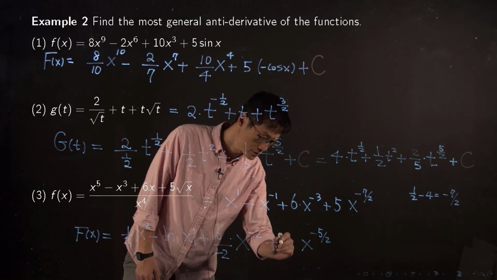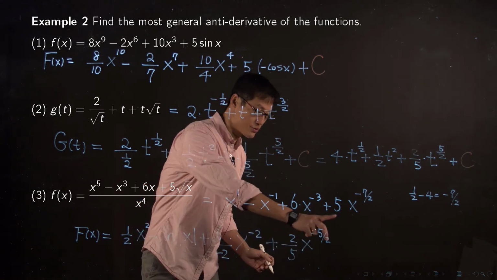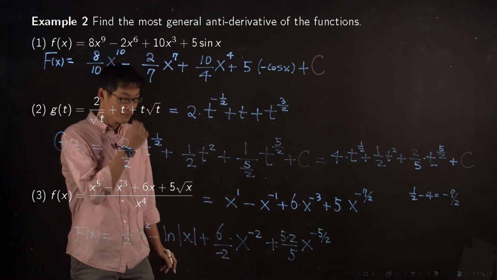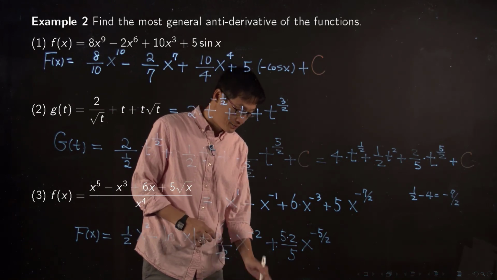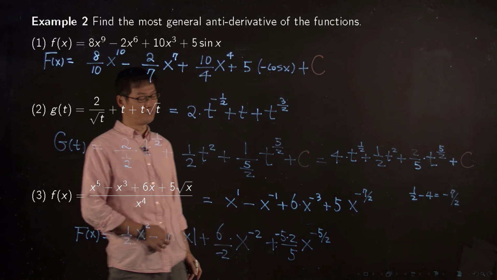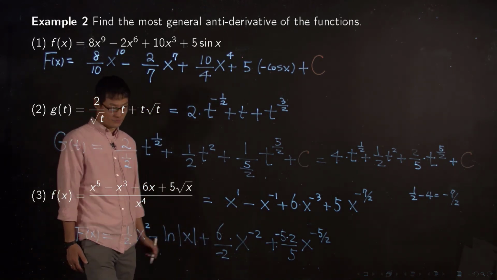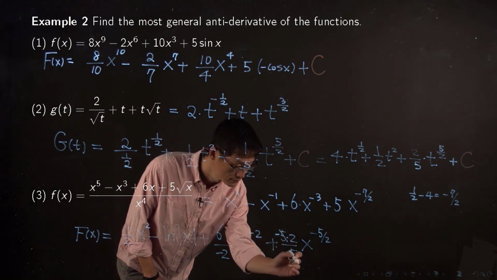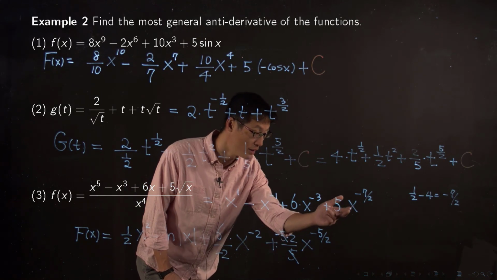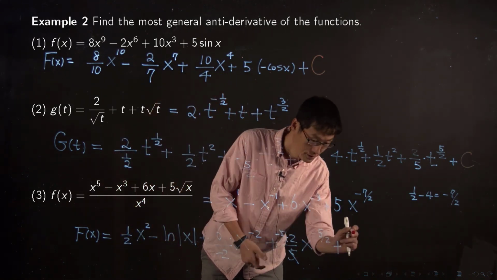And then 1 over this is 2 over 5. And then this 5 will survive. We need negative. Good. And then once you take the derivative, you will get back to 5 x to the negative 7 halves plus c.